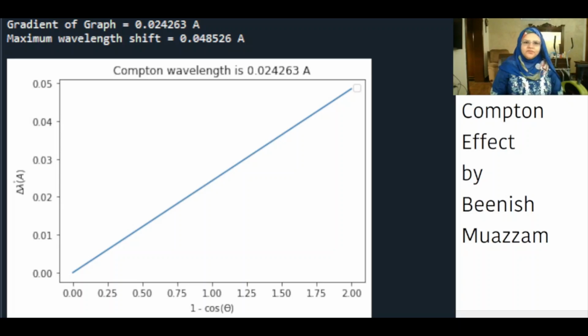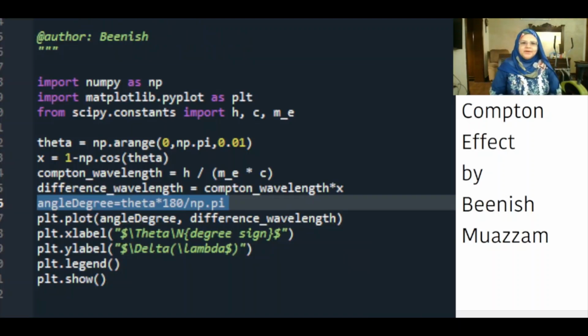Therefore, the graph of delta lambda and 1 minus cos theta is a straight line with a gradient of Compton wavelength. To convert the angle from radian to degree, we multiply theta by 180 and divide it by pi. Therefore, angle degree is equal to theta multiplied by 180 divided by pi, which was imported from NumPy.